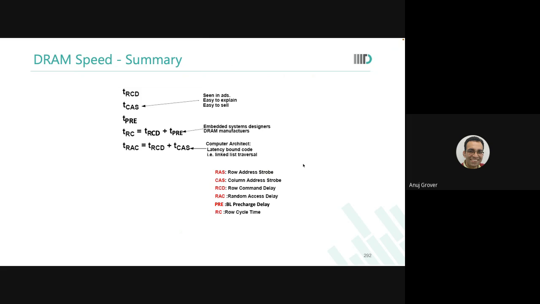So, if I use a larger array, which means that I have, let's say, 11 address bits instead of 8, which of these timings will change?